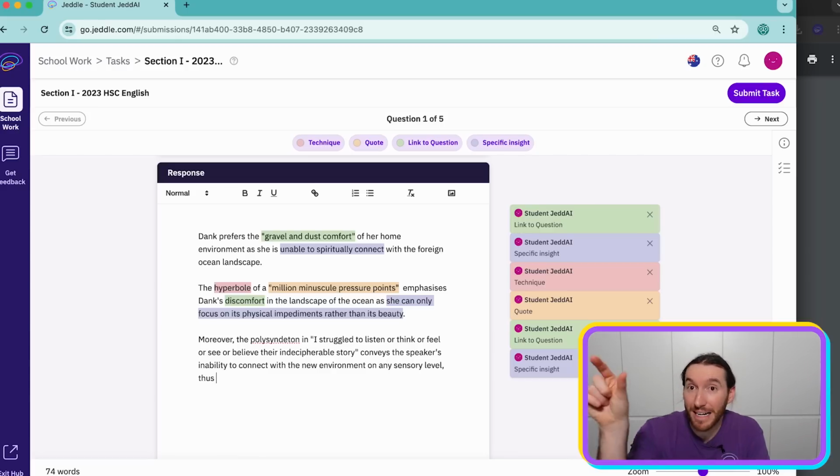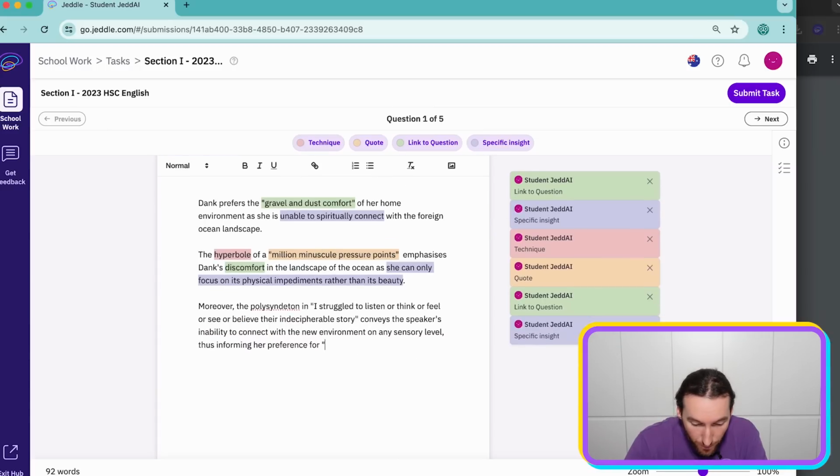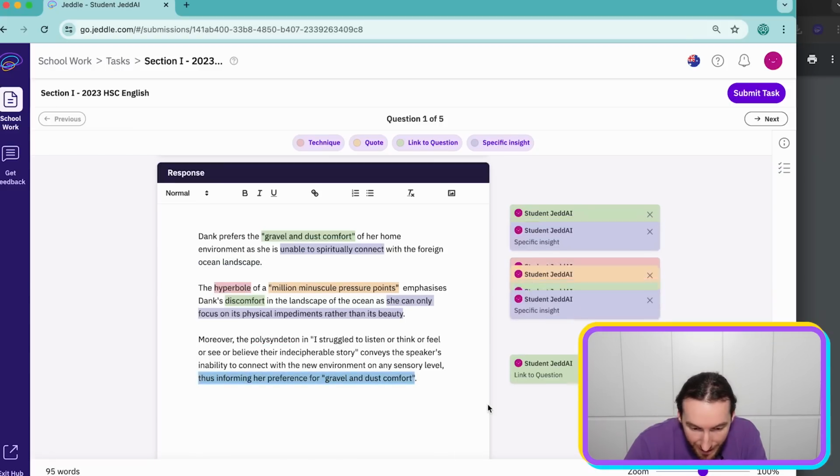Thus, now I'm going to do a little connection back to the question, thus informing her preference for, notice preference was the key word, for the gravel and dust comfort. So just ensures the marker knows I'm always coming back to answer the question by doing this linking part at the end here.